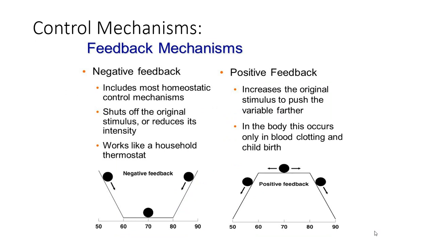Those mechanisms are controlled by either a negative feedback or a positive feedback. So these controlled mechanisms that help us maintain our homeostatic balance when the body becomes out of balance would be negative and positive feedback.